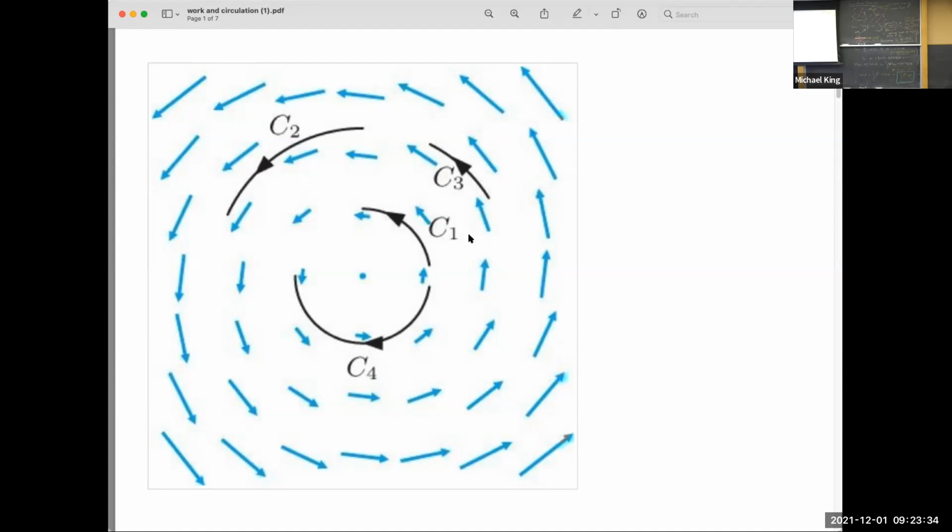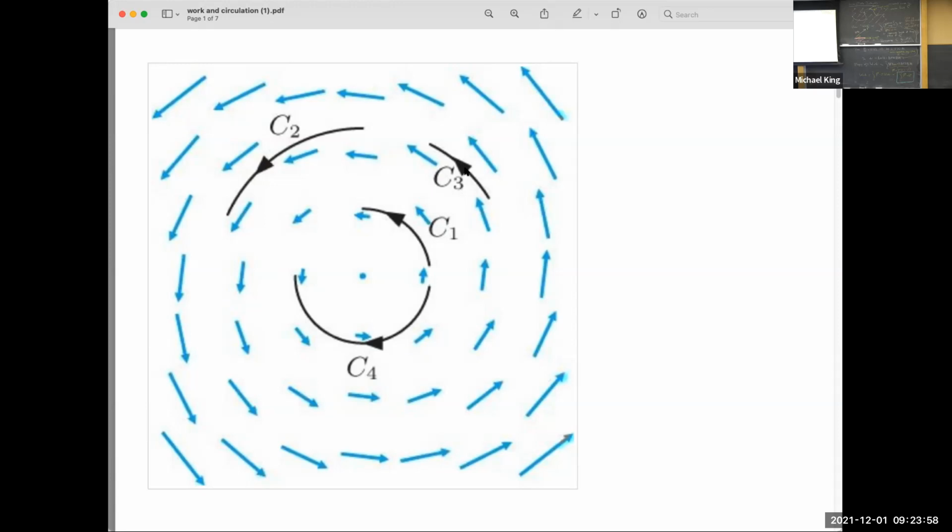And these are different paths. If you think about the integral along C1 or C2 or C3, the path is following the vector field, right?